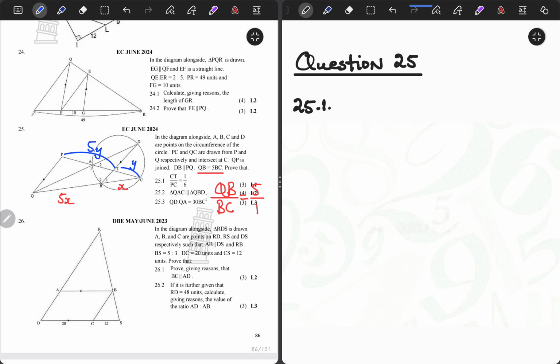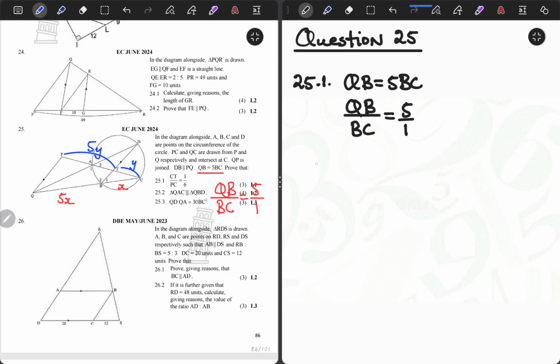Now let's do this. Having QB equals 5 BC, we can have QB over BC, which will be 5 over 1.